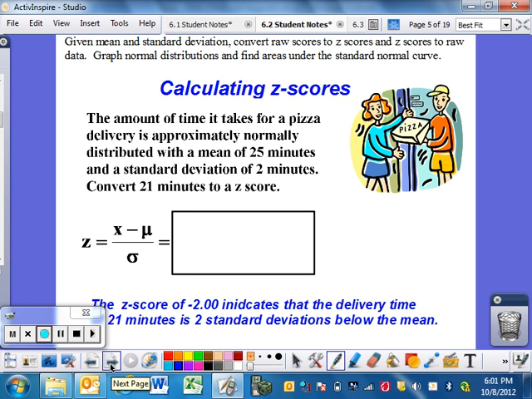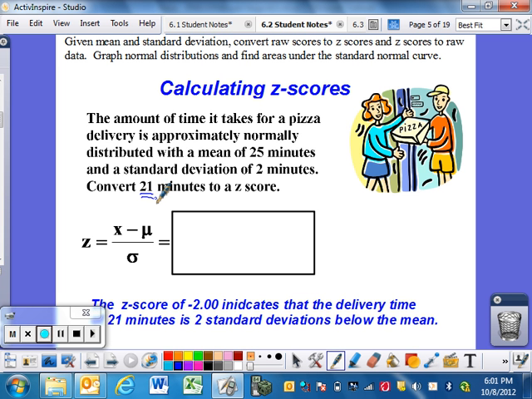So a simple example. The amount of time it takes for a pizza delivery is approximately normally distributed with a mean of 25 minutes, about 25 minutes to get your pizza. We figured out that the standard deviation is 2 minutes. I want to convert 21 minutes, say it took you 21 minutes, to a z-score.